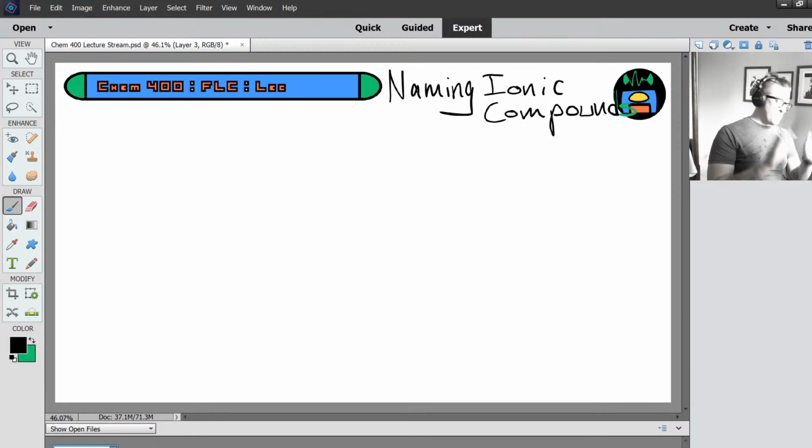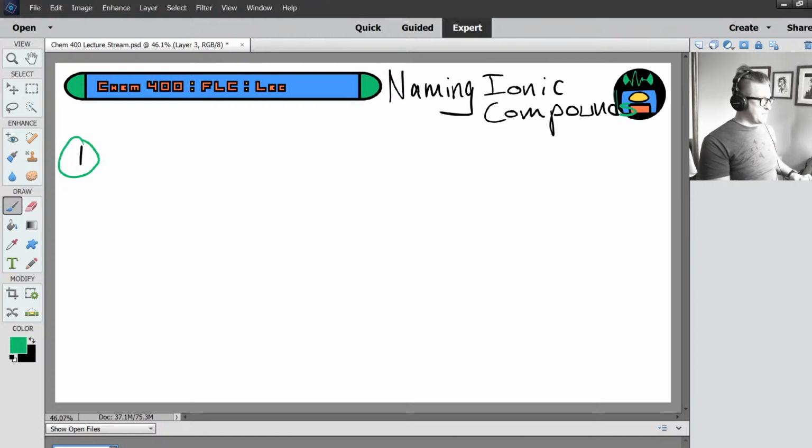So as we look at an ionic compound name, we need to be able to determine the chemical formula, right? And so there's a few guiding principles when it comes to taking a name and writing a chemical formula for ionic compounds that you should know and apply.